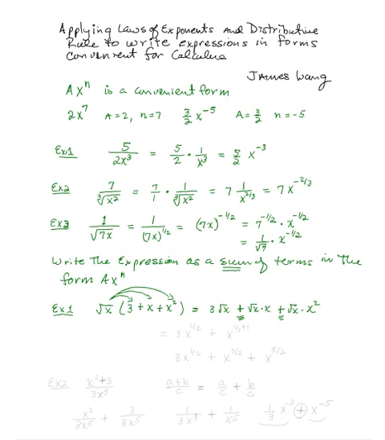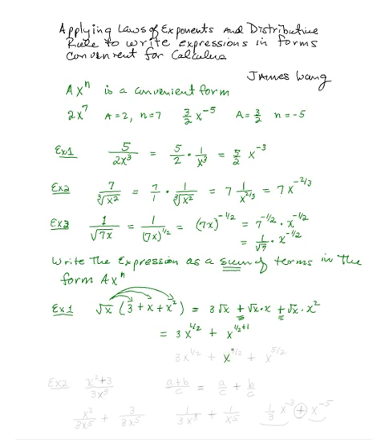Now we just have to make sure that each term is in the form ax to the n, but that's not very hard in this case. The first one is in that form if we just remember the square root of x is x to the 1/2. And then remember the laws of exponents. When you multiply powers of x, you add exponents. So this would be x to the 1/2 multiplied by x to the 1, and so that would be x to the 1/2 plus 1, which is x to the 1/2 plus 2/2 is 3/2.